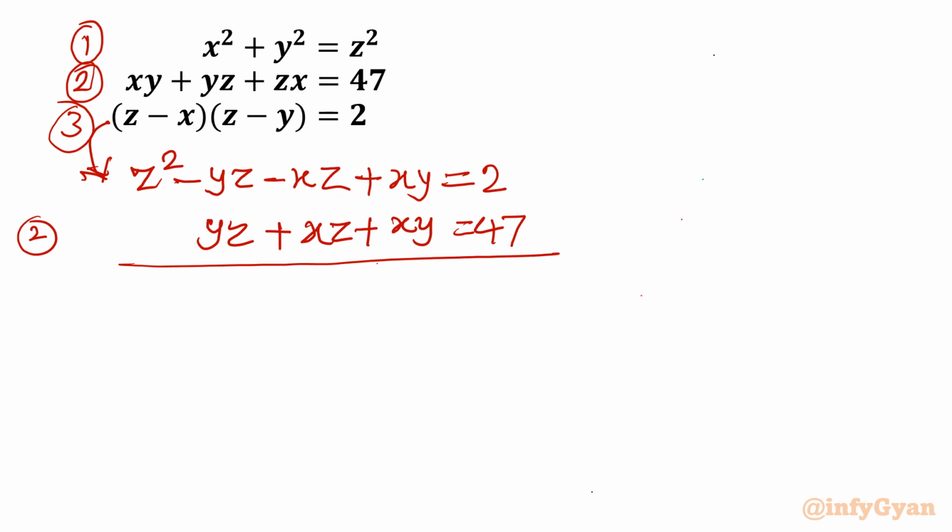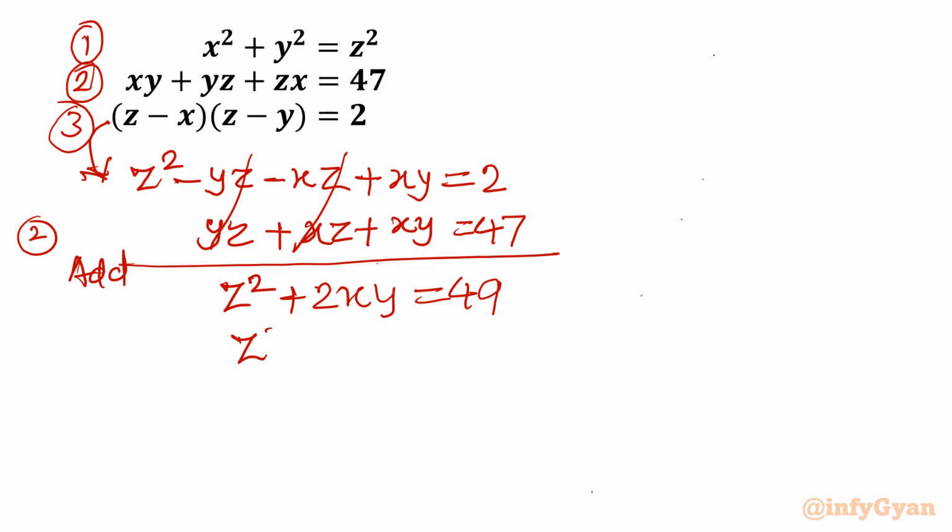Let's add both the equations. Once we add, these two terms will cancel. So what would be left? z² + 2xy = 49. From here we can consider z² = 49 − 2xy.